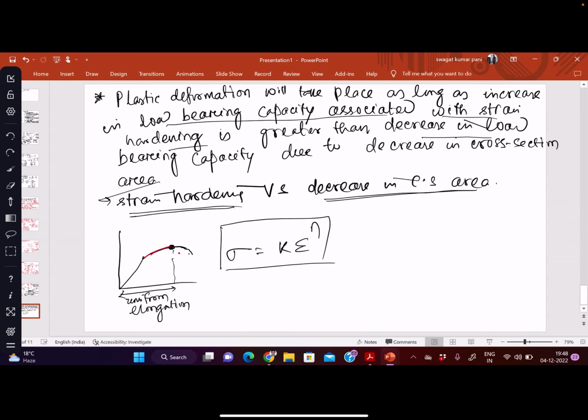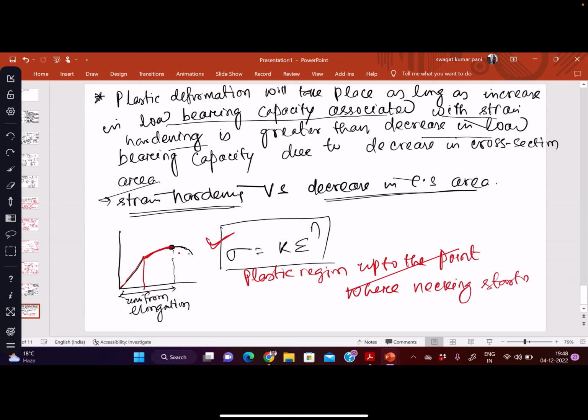Only in this region this equation is valid. This is elastic, so I don't consider this. This is only for the plastic region, up to the point where necking starts. Is it clear?